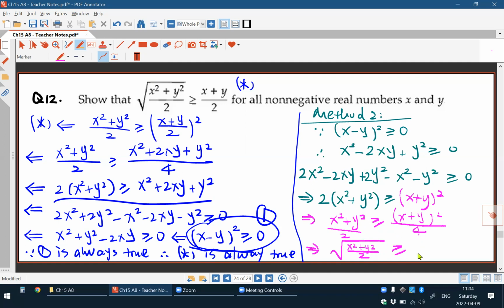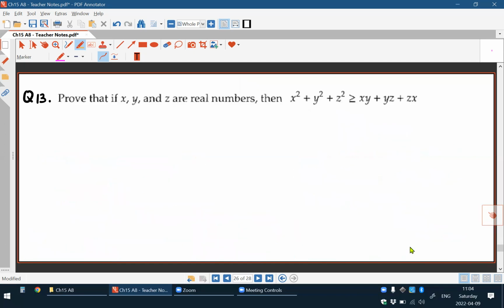The square root of the left side is greater than or equal to the square root of the right side. The square root of the right side is x plus y over 2, because x plus y over 2 is positive, so you can just remove the absolute value symbol, right? You can choose either way. Any questions? No, okay, let's see the last question.